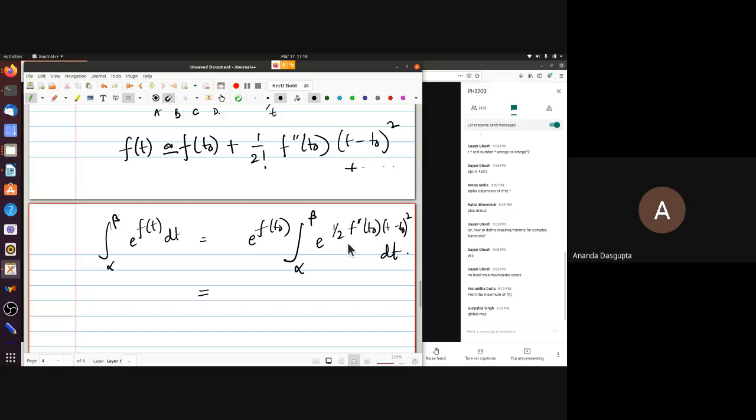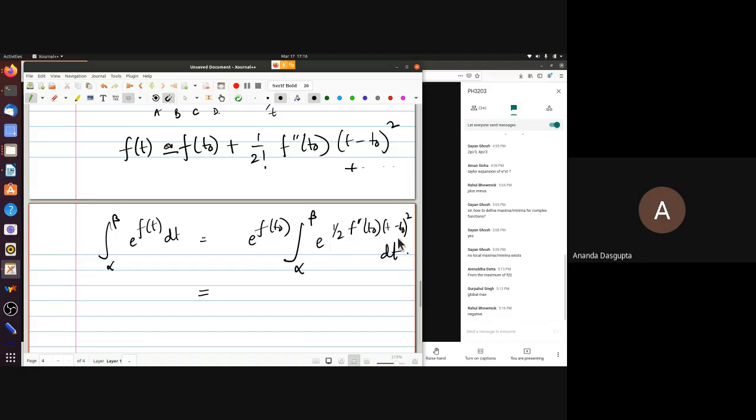The maximum. So what should the second derivative be close to it? I hope everybody realizes why you don't have the first derivative term and so on. The second derivative, of course, has to be negative.